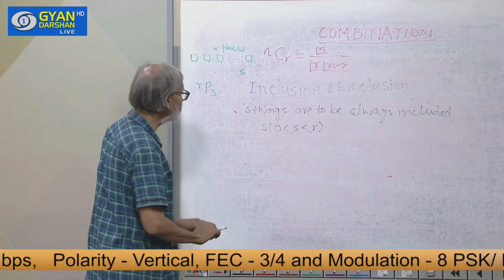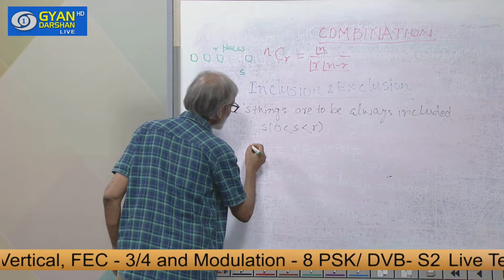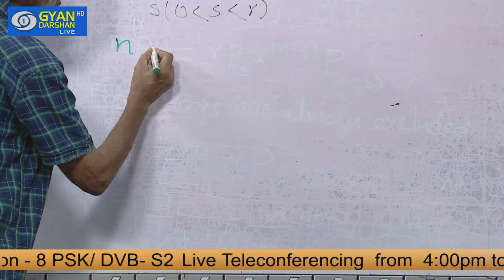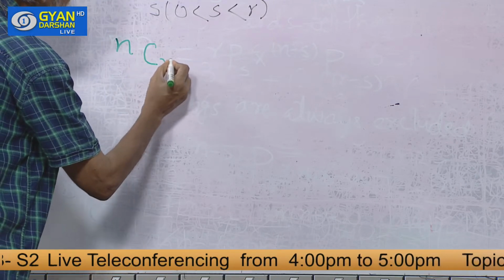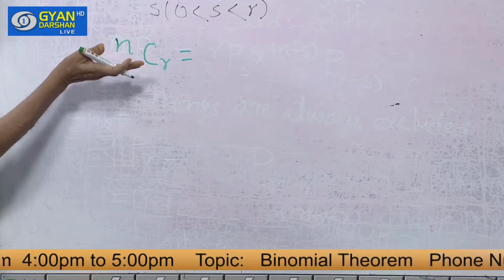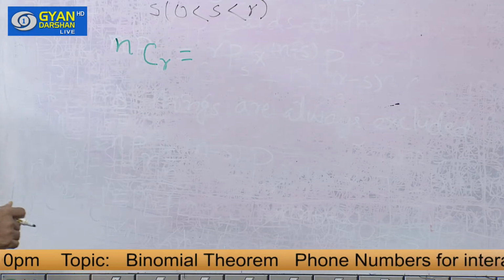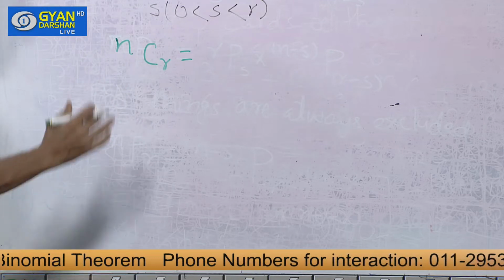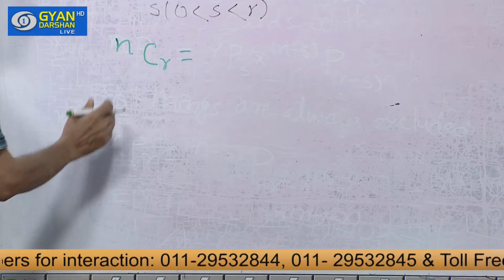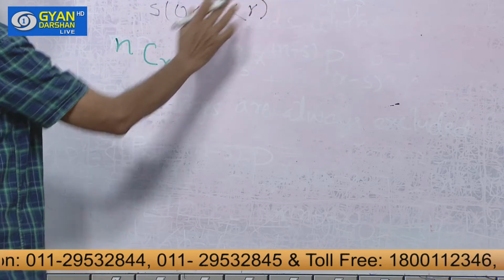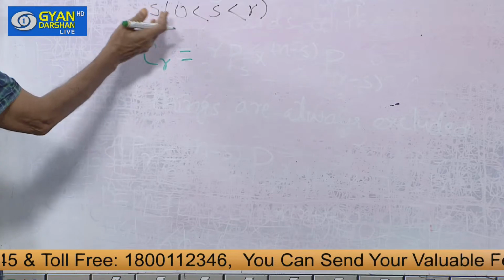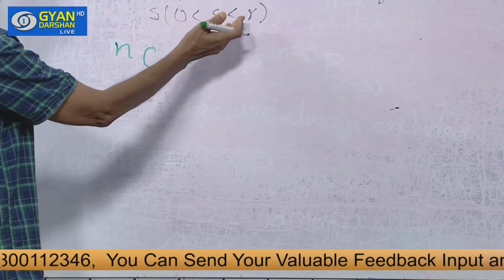If order is not important, then we have to find nCr, that is, in how many ways r things may be selected in a group out of n distinct things. The condition is that s things are to be always included and s is greater than 0 and less than r.